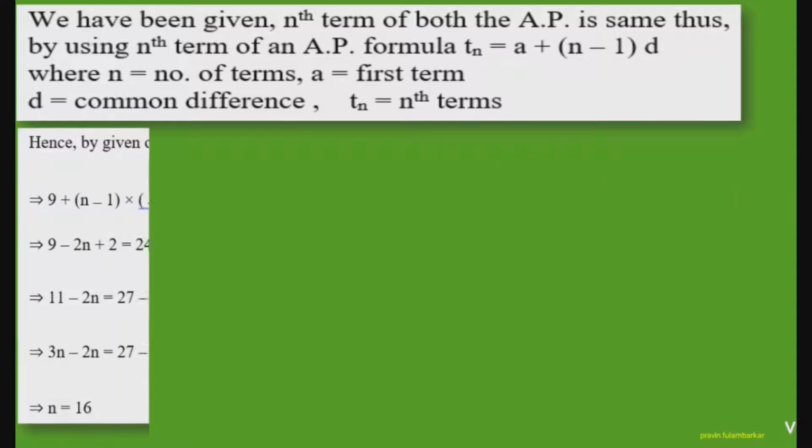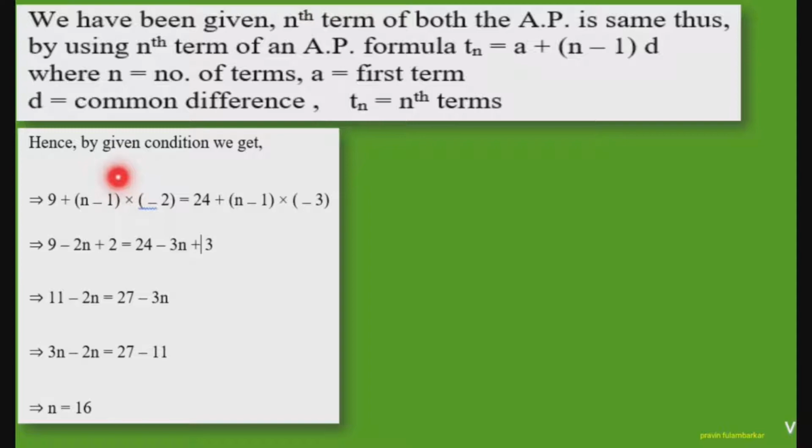So we write here, hence by given condition we write from first arithmetic progression in left hand side A plus n minus 1 into D. So in first arithmetic progression A is 9 plus n minus 1 into D is minus 2 equals, in second arithmetic progression first term is 24.